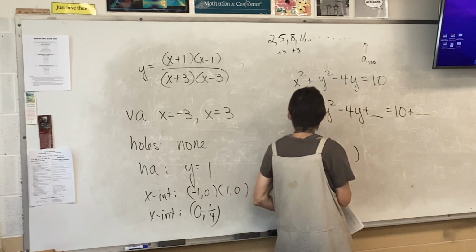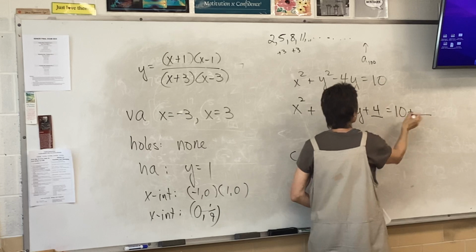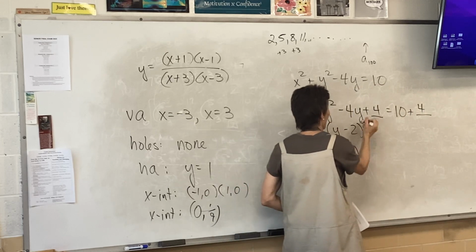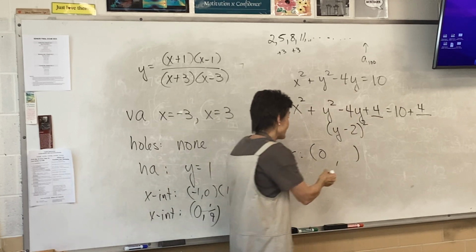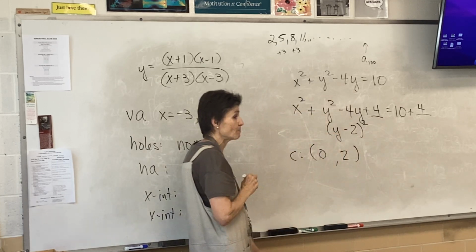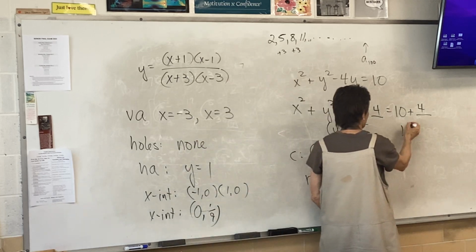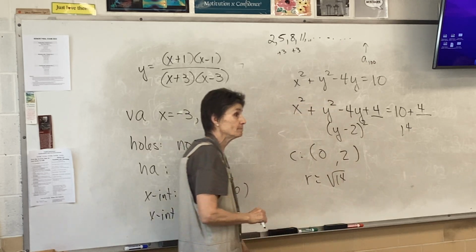Half of 4 is 2, plus 4, squared is 4. So the parentheses will be y minus 2. So my center is 0, 2. And what's my radius? When I add these, I get 14, so the radius is root 14.